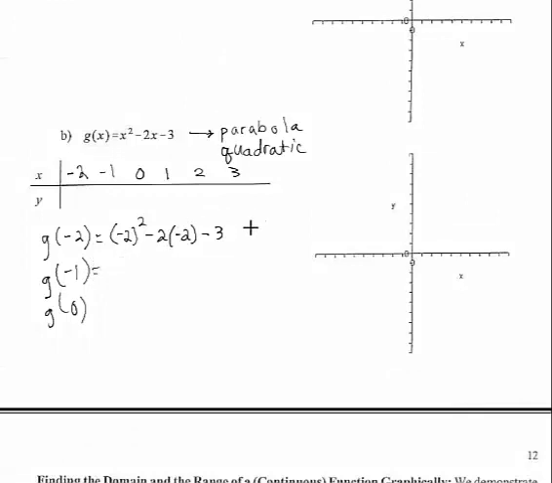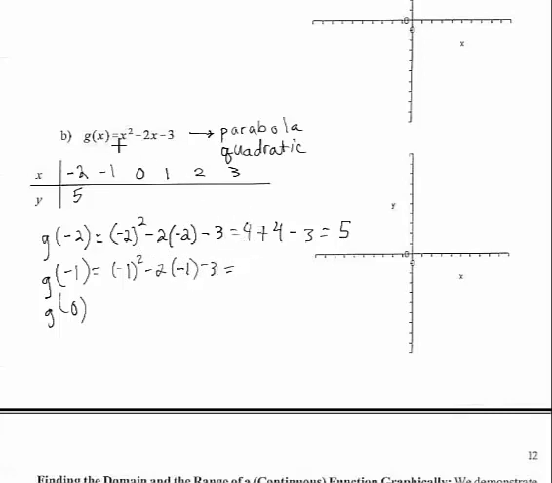Okay, so -2 squared would be 4. -2 times -2, I have a +4, and then -3. 4 plus 4 is 8 minus 3, I get 5. G of -1, I square my -1, multiply it by a -2, subtract 3.